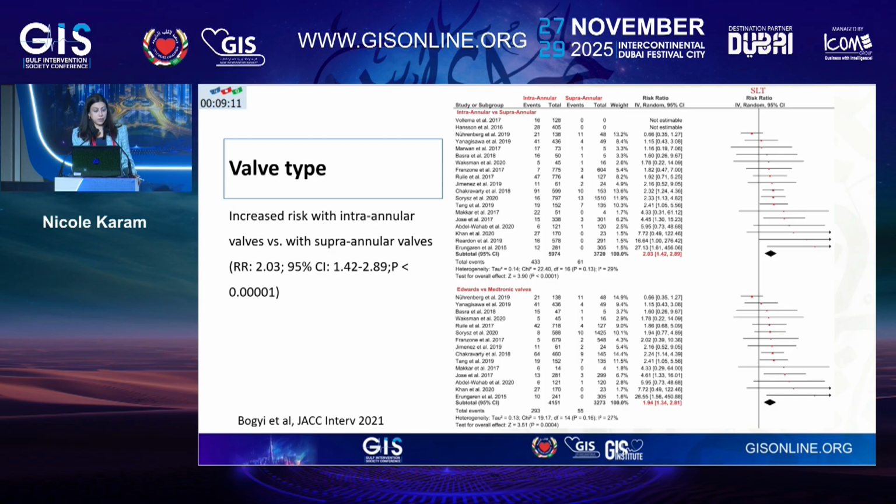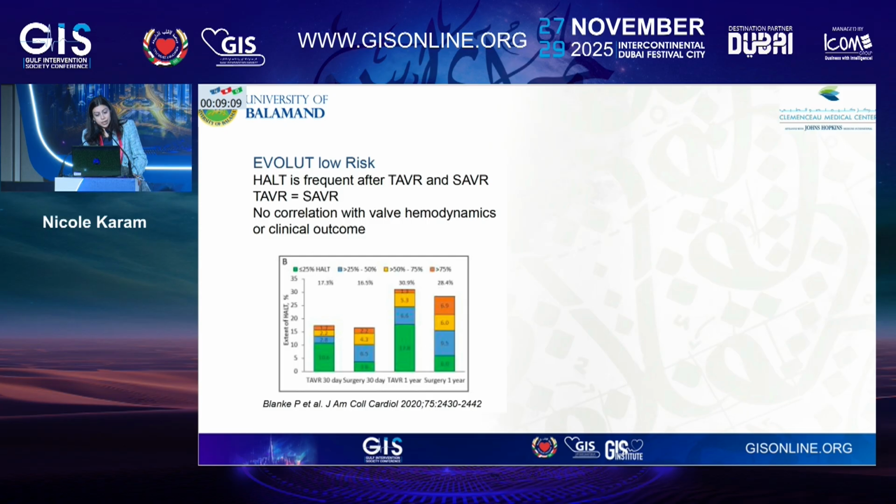It's not necessarily HALT. If we look at Evolut Low Risk patients, I don't know if you remember how Evolut gave an excellent result, better even than surgery in those patients, but we see that with the HALT, there was no difference between TAVR and SAVR in this regard, and it wasn't correlated with valve hemodynamics or clinical outcome.